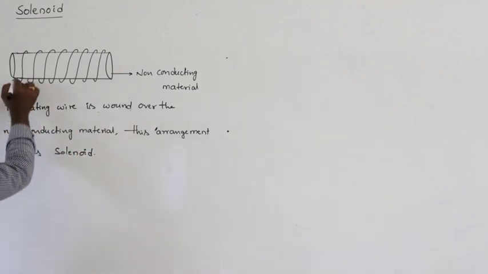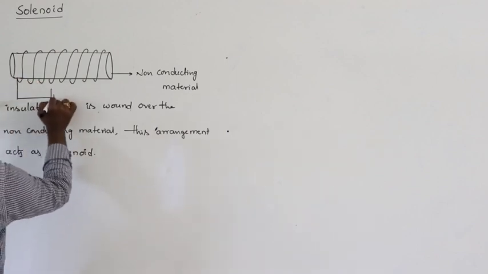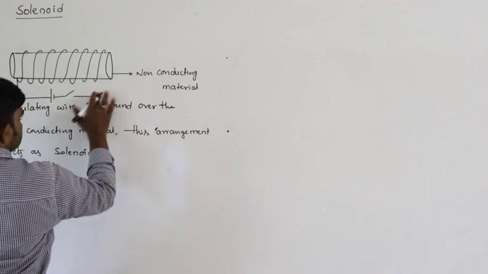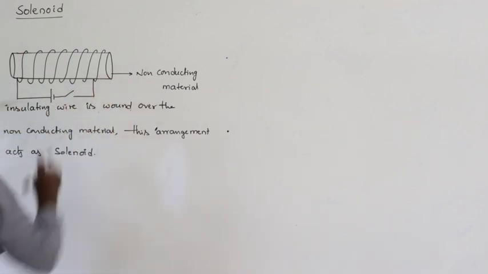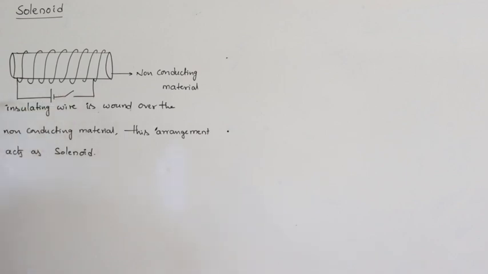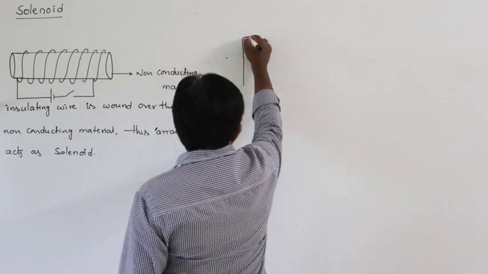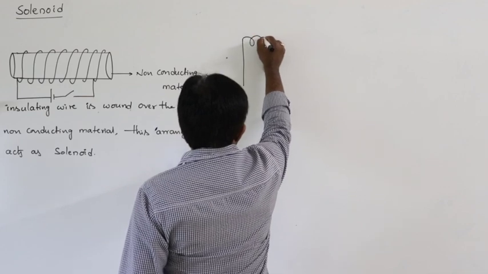So let us say the current passes through this one. If the switch is closed here, then current passes through the solenoid. What is the arrangement of this one? It is just like the spring.